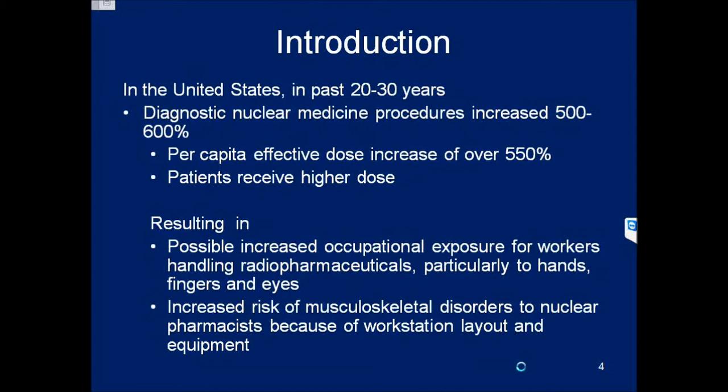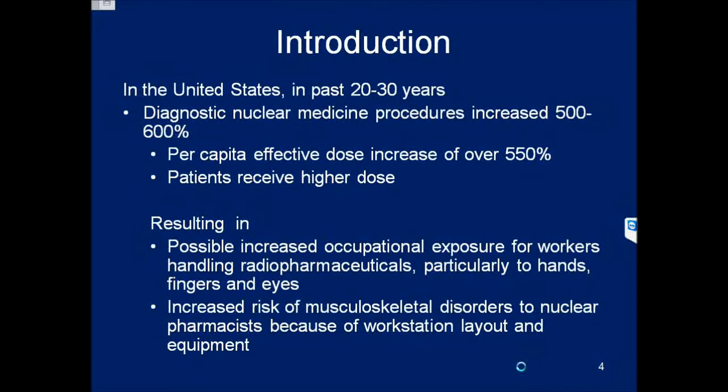There's also an increase of musculoskeletal disorders in nuclear pharmacists, because in order to work on making up radiopharmaceuticals, they work behind an L block, which protects their chest from the exposure, but you're working like this. This is not lightweight, and this is awkward to use.